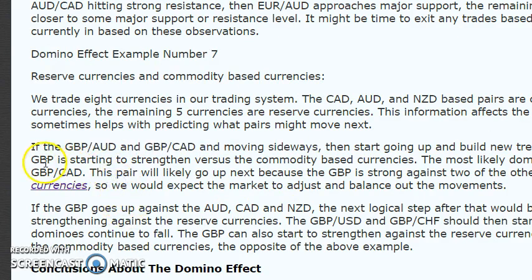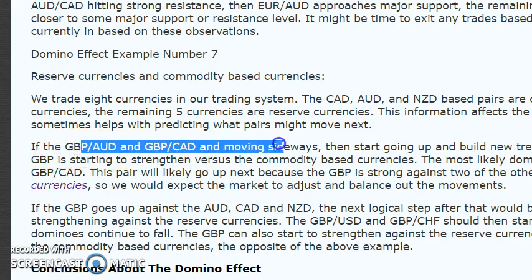the pound Aussie, pound Canadian are moving sideways. Okay? The pound Aussie and the pound Canadian are moving sideways. They start going up and start building new trends.